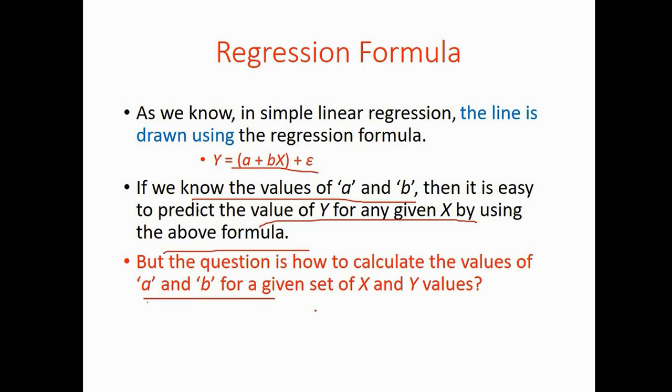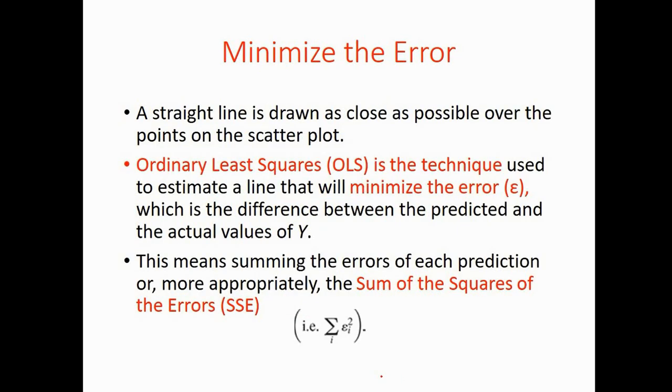But how do we calculate the values of a and b in this equation given x and y? This is done by using a technique called the ordinary least squares technique, which is used to find the values of a and b by minimizing this residual error epsilon.